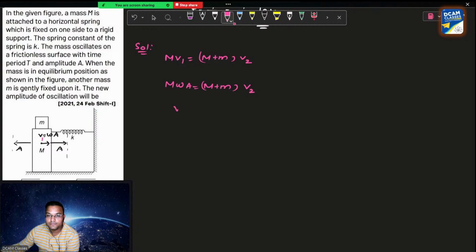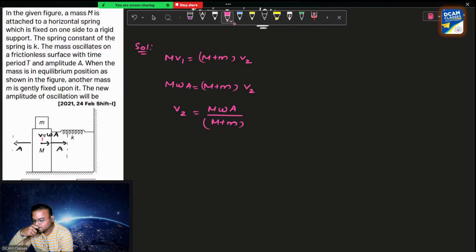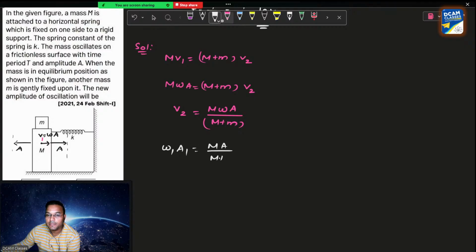So V2 is equal to M omega A by M plus small m. Now in this case, things will change. V2 will be omega 1 A1, the new amplitude, M omega A by capital M plus small m.